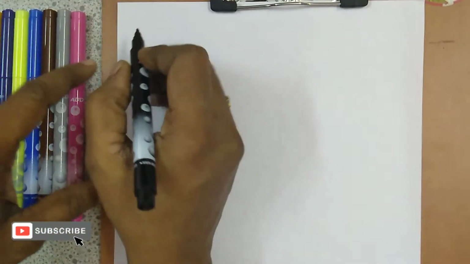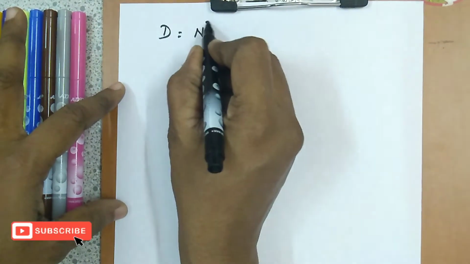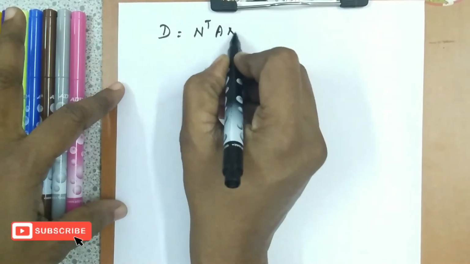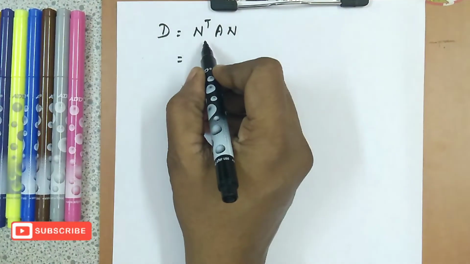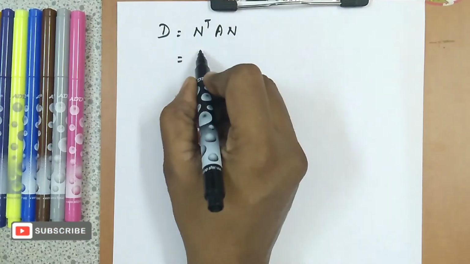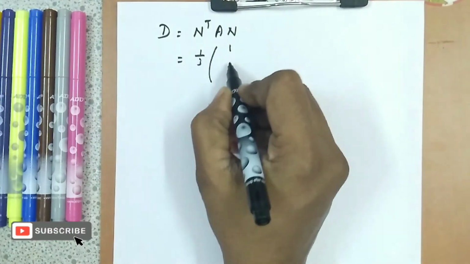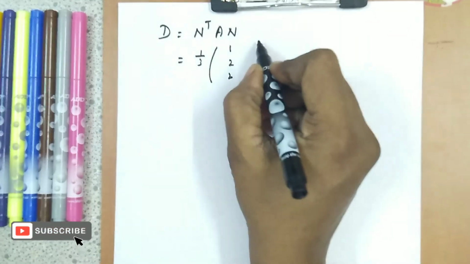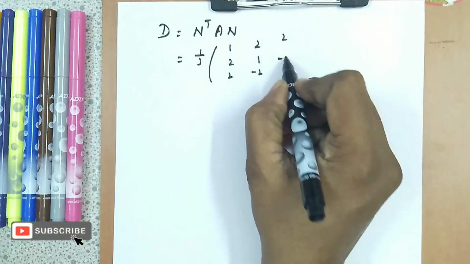So therefore the diagonalized matrix D is equal to, the formula is N transpose A N. This is the formula for diagonalization. As I told you already, N transpose we already got. So 1 by 3 into N transpose, which is [1, 2, 2; 2, 1, -2; 2, -2, 1].